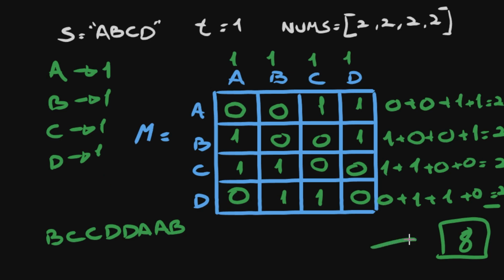Now we know this is the result when t equals 1, but what happens if t equals 2 or t equals 8? What can we do there? Well, the key here is that we can get every new state of the matrix by multiplying the matrix by itself. And if we want to find the final state of a matrix, we need to multiply the matrix by itself t many times.